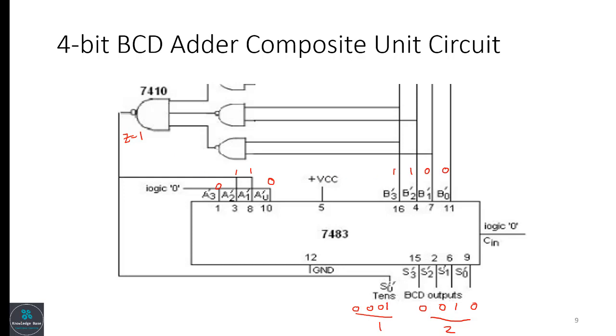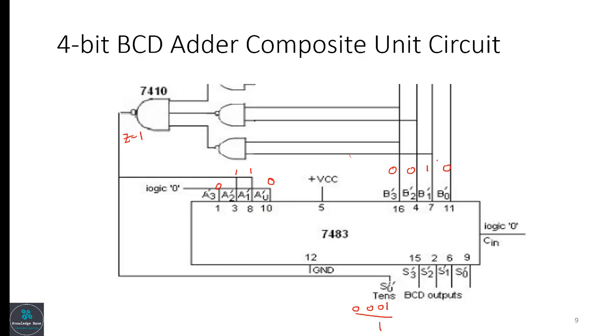So A is getting 0 1 1 0, and here the B is 0 0 1 0. B is coming directly from the sum. So the tens is like previous, it will be 1 0 0 1 0, that is A, plus B 0 0 1 0.